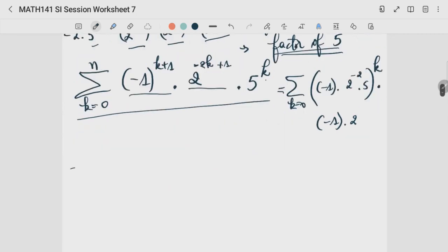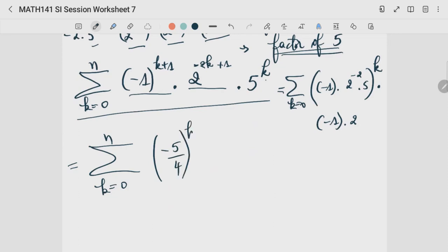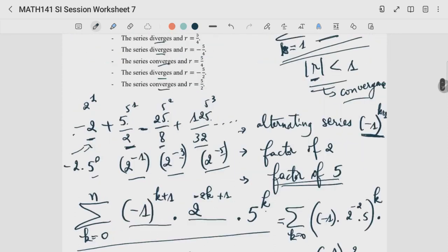So now the general form becomes the sum from k is equal to 0 to n of, if you had to rewrite this, basically -5/4 to the k multiplied by -2. So now we have the general form that we are looking for.